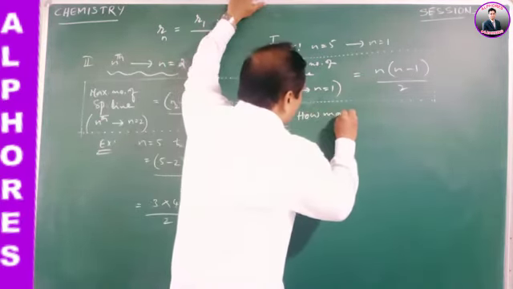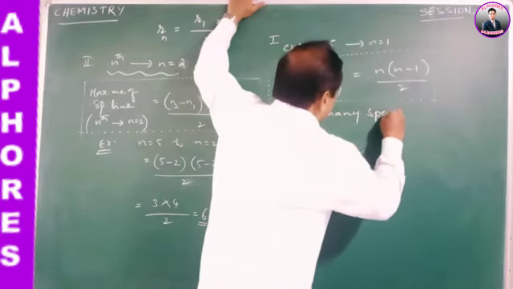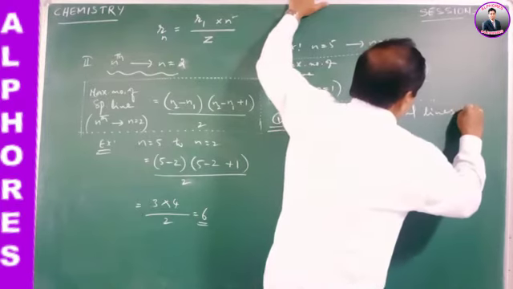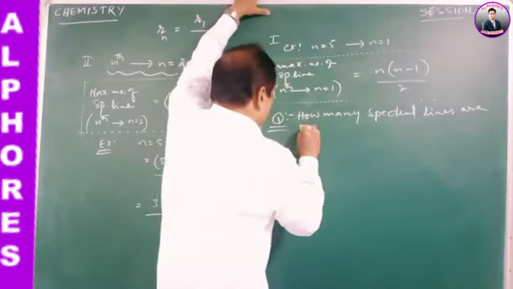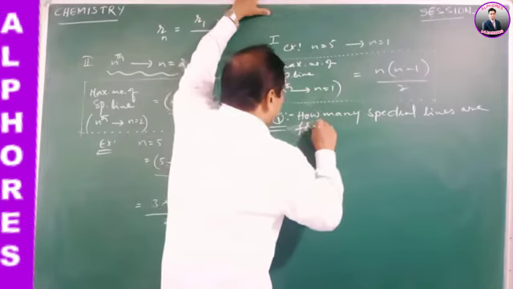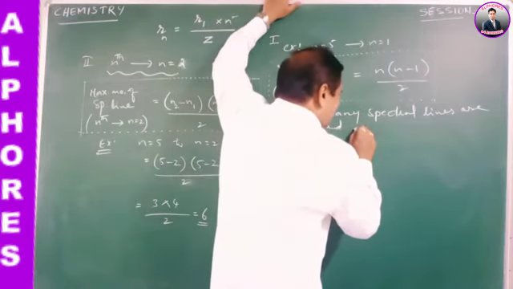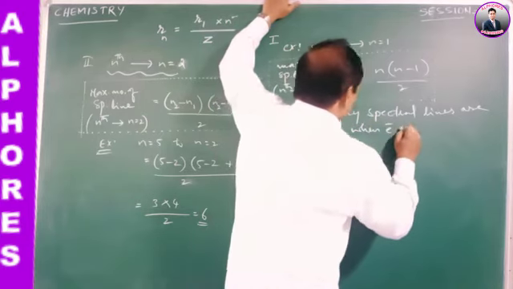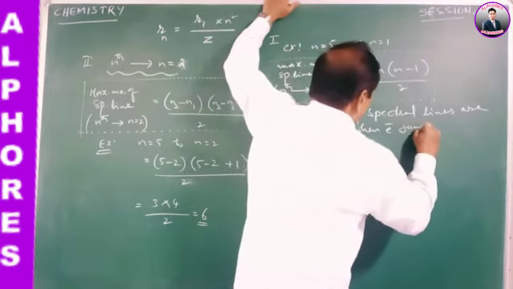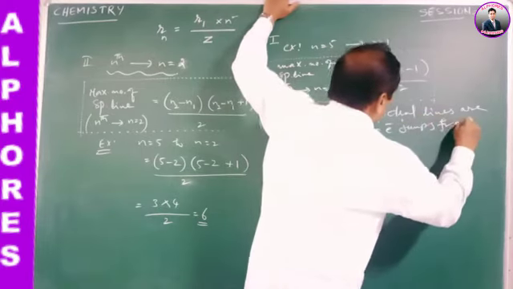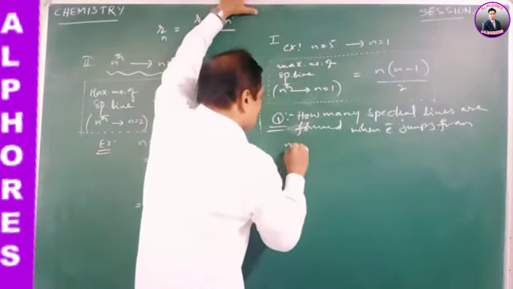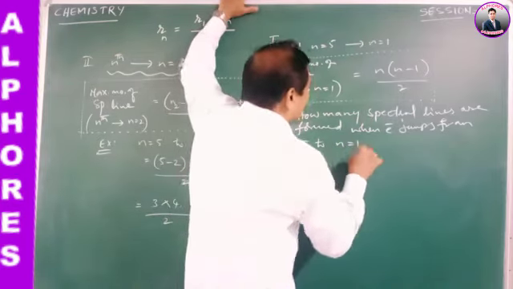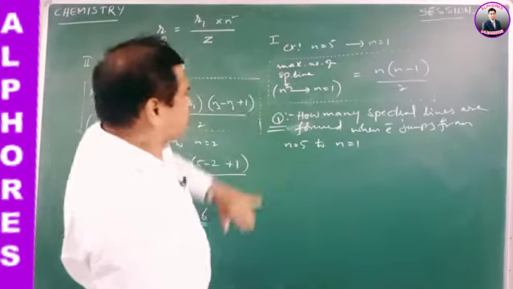How many spectral lines are possible, or you can say formed, when the electron jumps from n is equal to 5 to n is equal to 1. Okay, listen to the question, don't rush to answer.